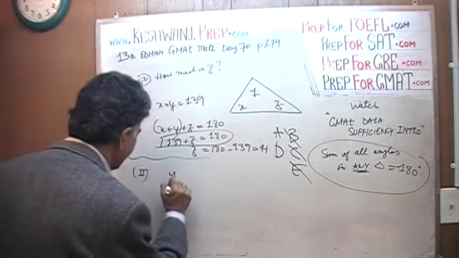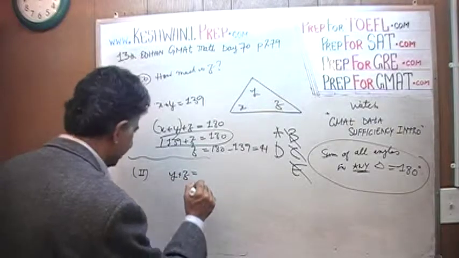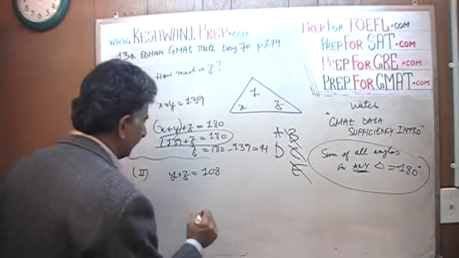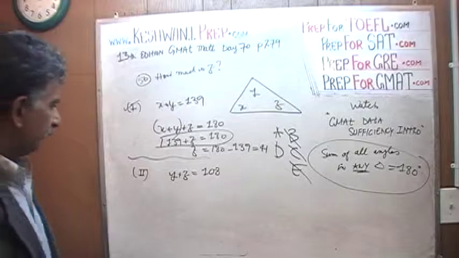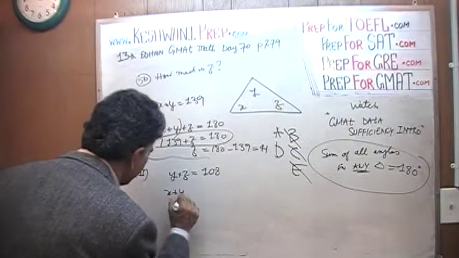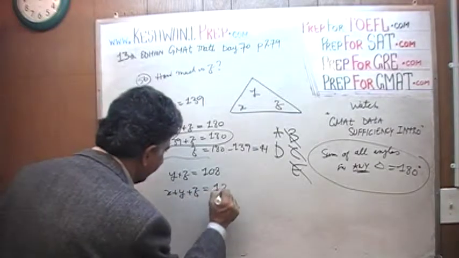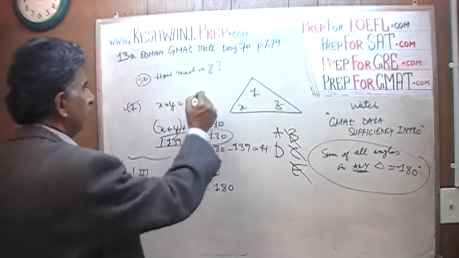The second statement tells us that Y plus Z equals 108. Now, we know that X plus Y plus Z equals 180, and the question is, how much is Z?